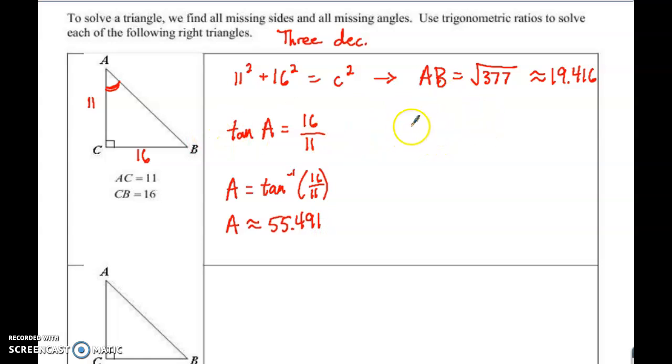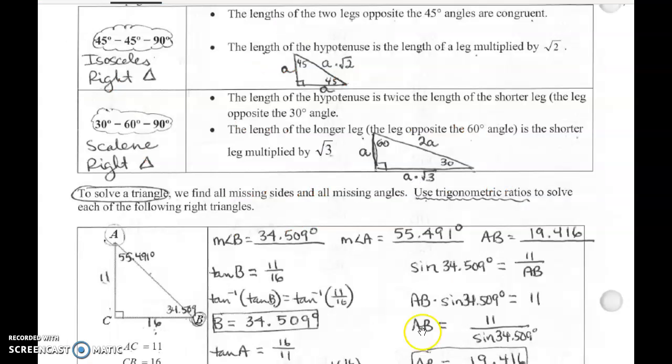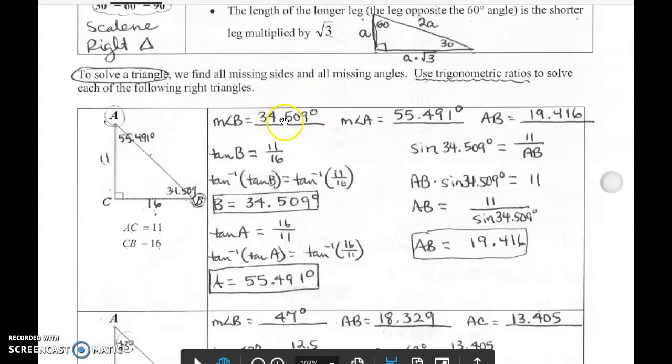And then the same thing would go for angle B, except opposite of B is 11 and adjacent is 16. So angle B is going to be inverse tangent of 11/16. I'm going to use the answer key. 34.509.